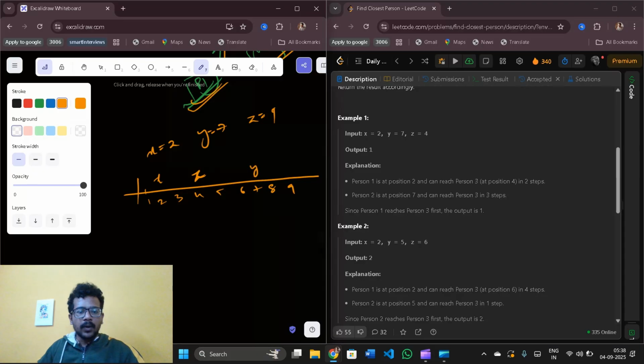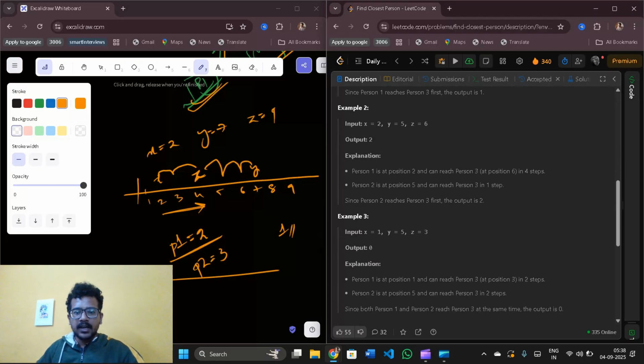So X moves two positions, right? As they move at the same speed, X, or person one, takes two as the time. Now Y takes three. Person 2 takes 3. Now, person 1 is taking less time, so I'll return 1 there itself.